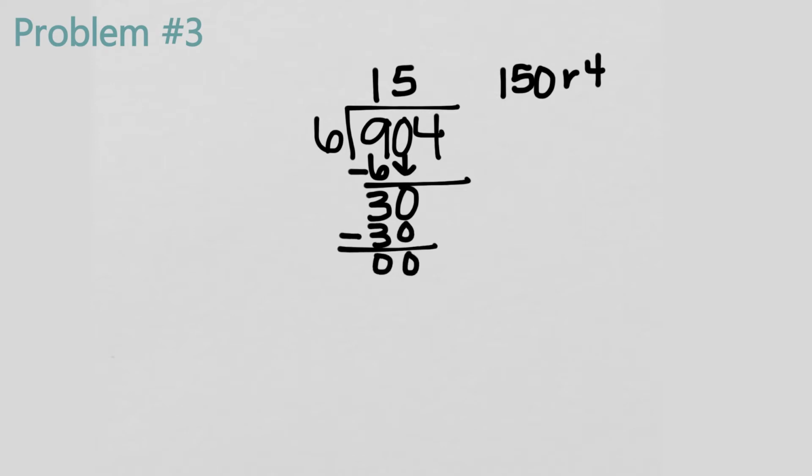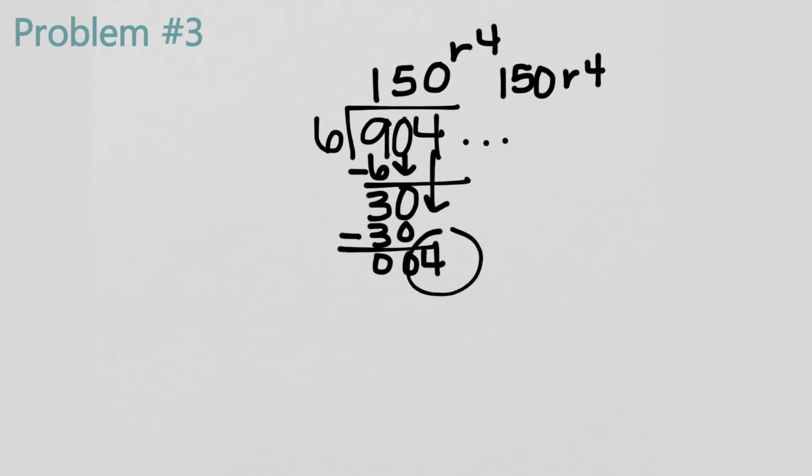Subtract, bring down our 4. How many times does 6 go into 4? 0 times. 6 is bigger than 4. We don't have any other numbers to bring down, so 4 is our remainder. Our answer is 150, remainder 4.